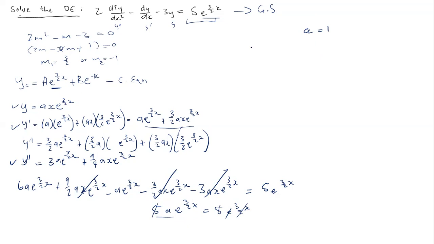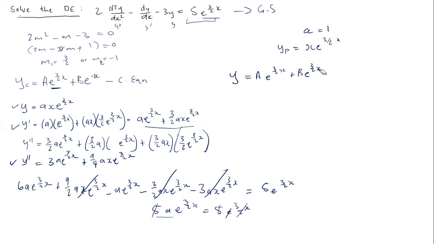Then we go to our characteristic equation. Particular integral. We're going to say our particular integral is going to be, a is 1. So that means we have 1 multiplied by x e to the power of 3 over 2 multiplied by x. And then our general equation in this case, remember we have the characteristic equation, which is a e to the power of 3 over 2x plus b multiplied by e to the power of negative x.